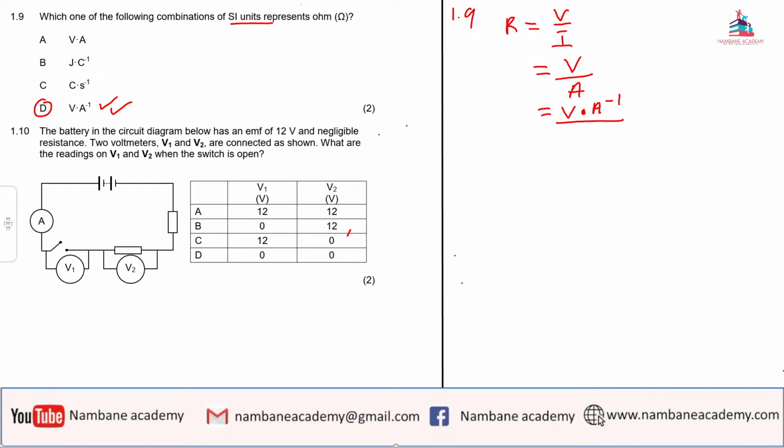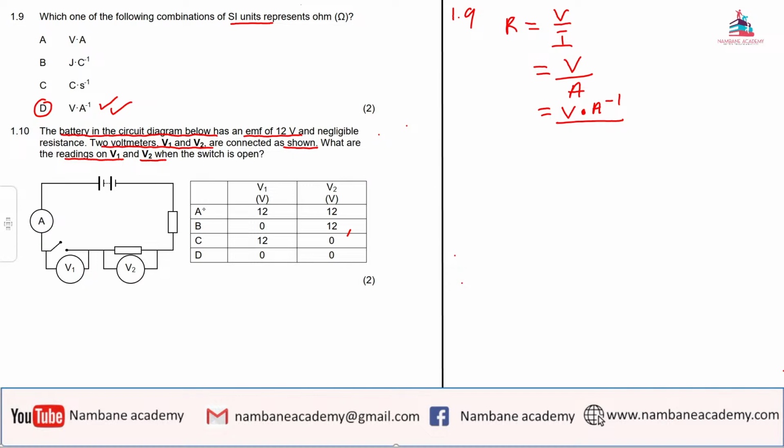Let's look at 1.10. The battery of the circuit diagram below has an EMF of 12 V and negligible resistance. Two voltmeters V1 and V2 are connected as shown. What are the readings on V1 and V2 when switch S is open? Ladies and gentlemen, very easy this one.